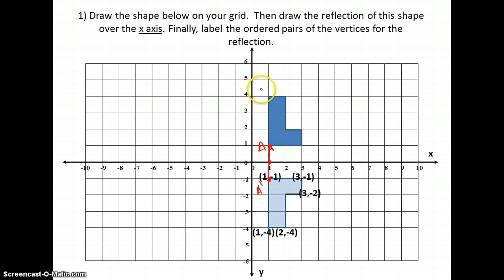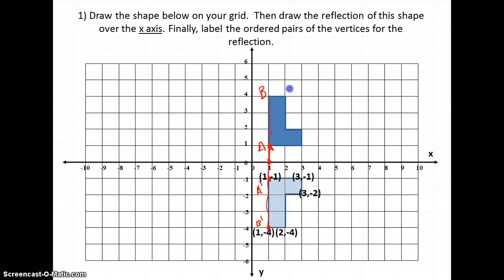If this were point B, and I wanted to reflect it over the x-axis, I simply count down 1, 2, 3, 4 spaces to get to the x-axis. To find B prime, I start at the x-axis and continue counting 1, 2, 3, 4 spaces. This is B prime. When I reflect a figure, I also need to label my points.